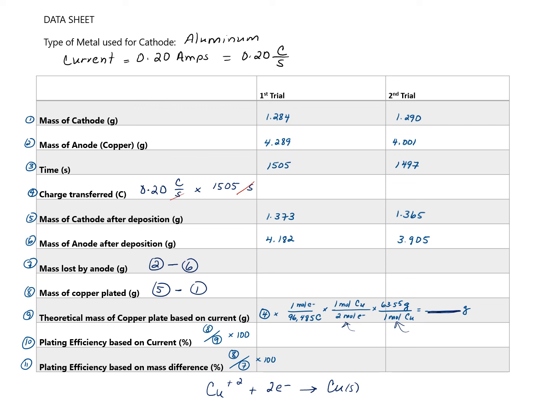If your copper solid is losing X amount, it's because that X amount is going to plate the aluminum. That's the expectation, but your two numbers are probably different from each other. So that's the last thing you have to calculate, the plating efficiency based on mass difference. You have the mass of copper plated in number 8, and you divide that number by the mass lost by the anode, which is your piece of copper, times 100, and that will give you that percentage.